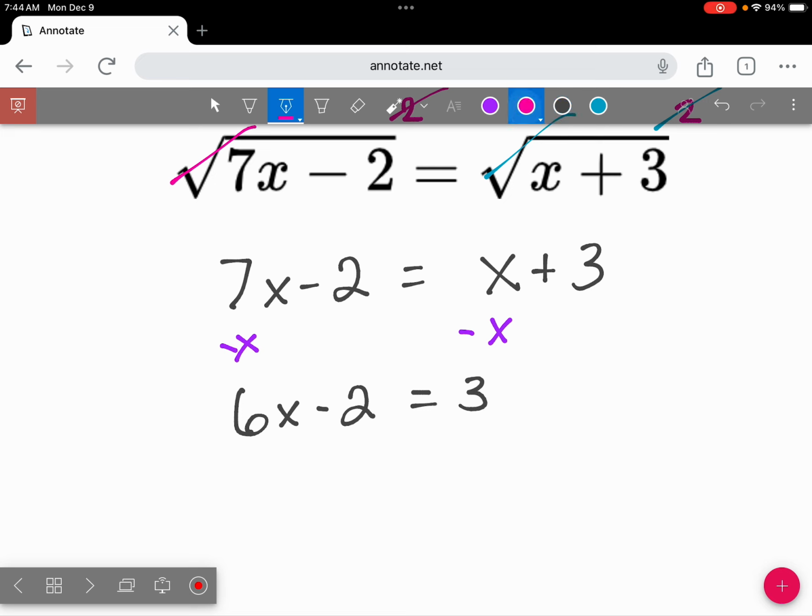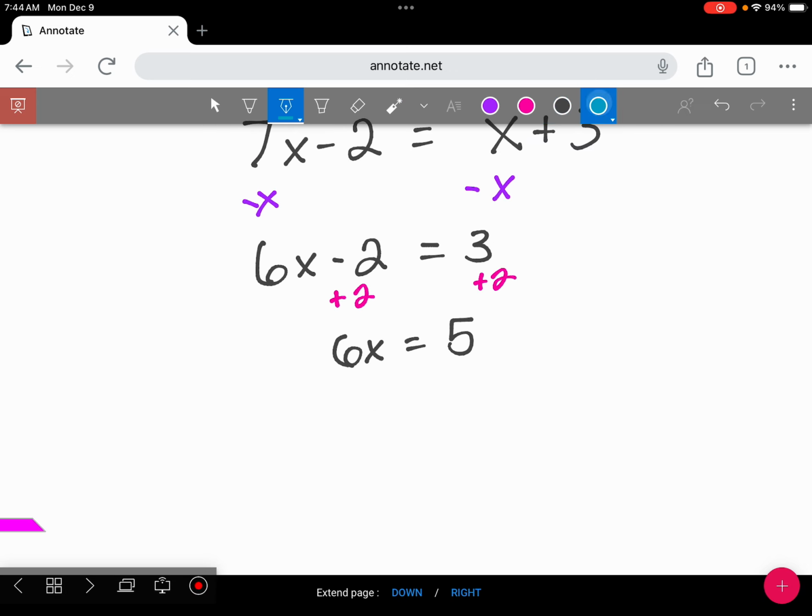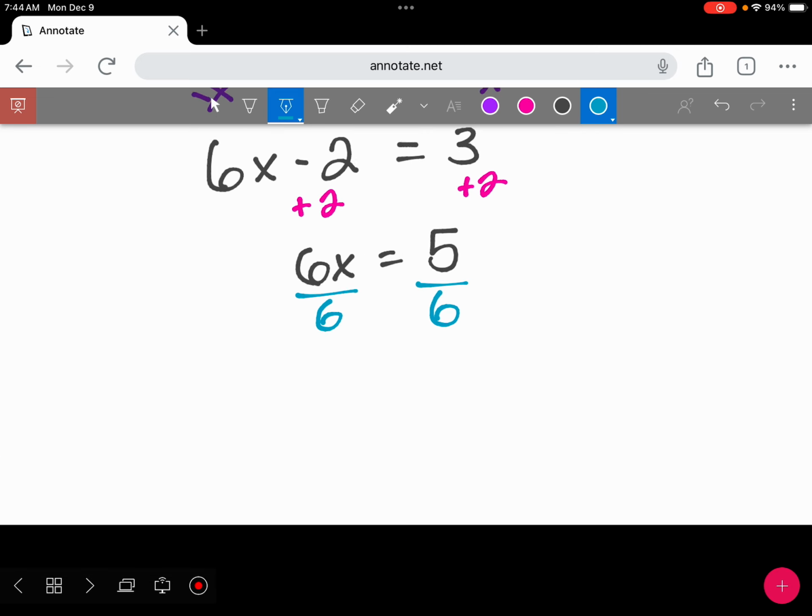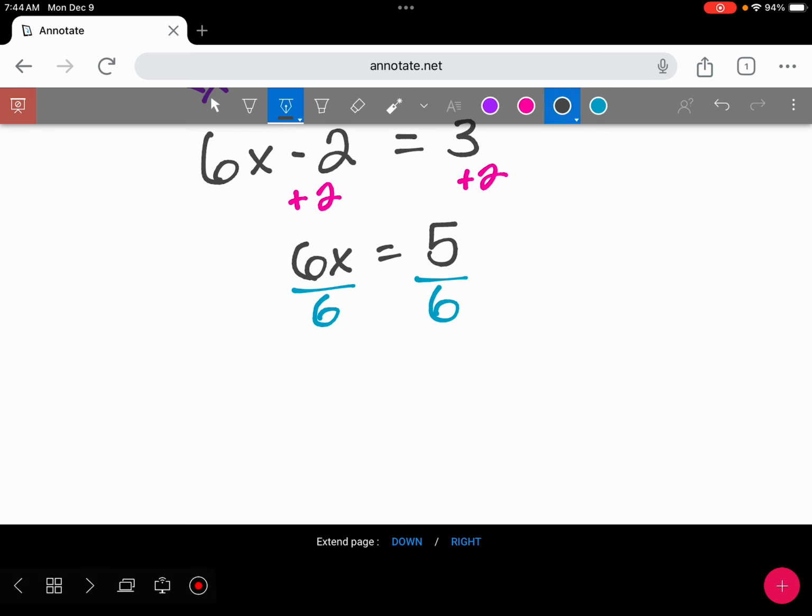What else do we want to do? Add the 2. So we've got our 6x equals 5. Divide by the 6. And we're going to have x equals 5/6.